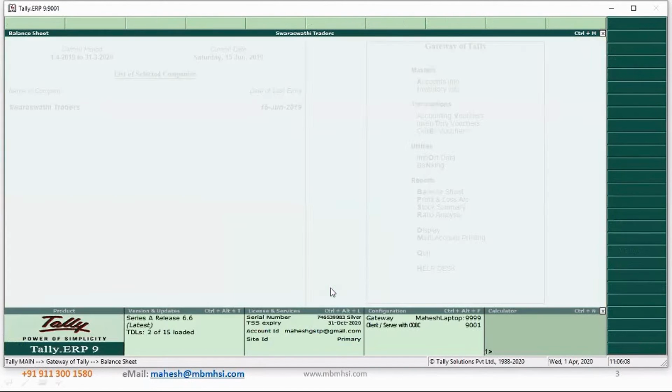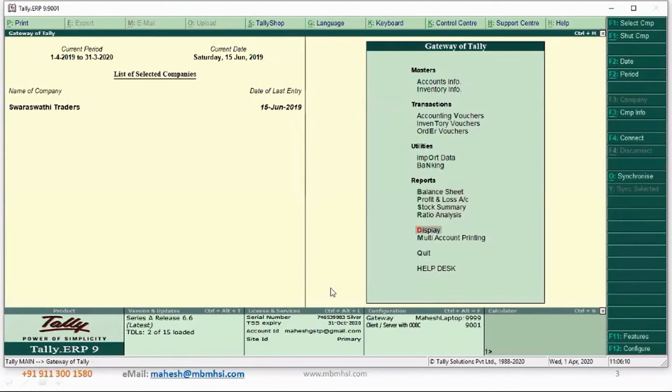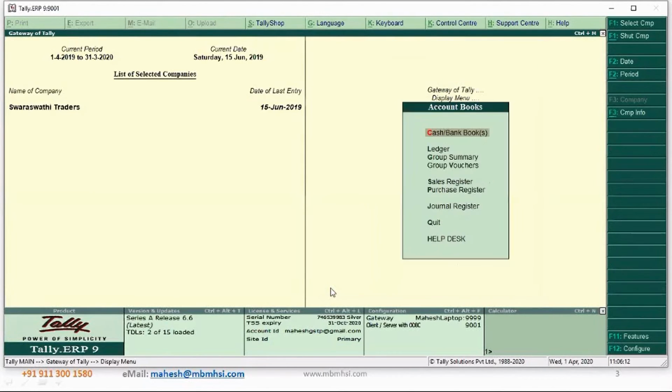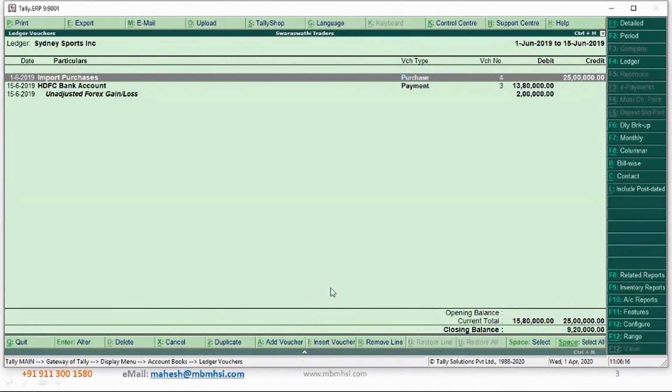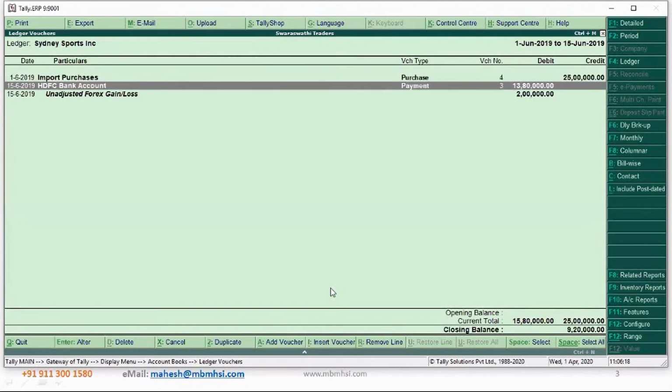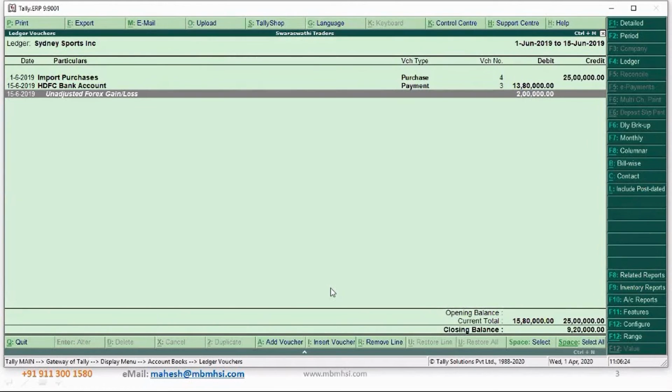Okay, now if I go to display, accounts book, ledger, and Sydney Sports Club. So here, how much have I purchased? 25 lakhs. How much have I paid? 13,80,000. What is the unadjusted foreign exchange gain or loss? 2 lakh rupees. So first thing is we need to understand how this 2 lakh rupee came. Right?